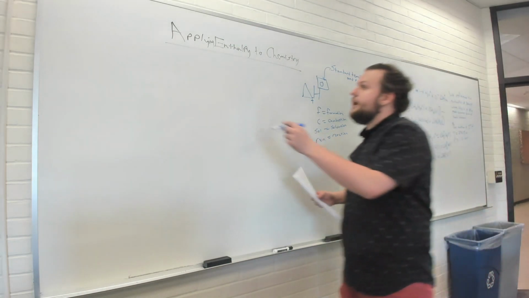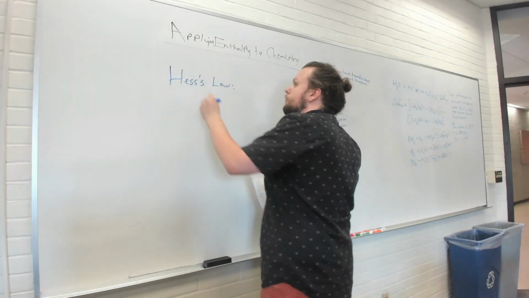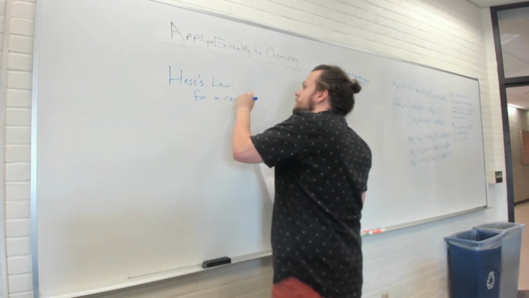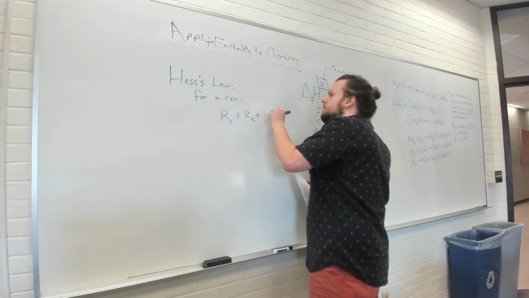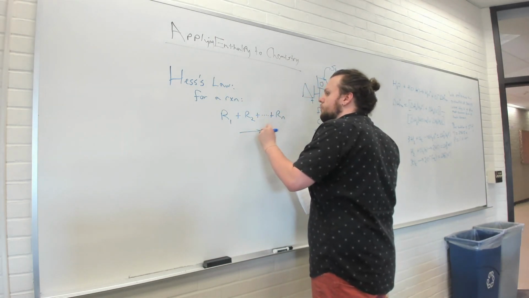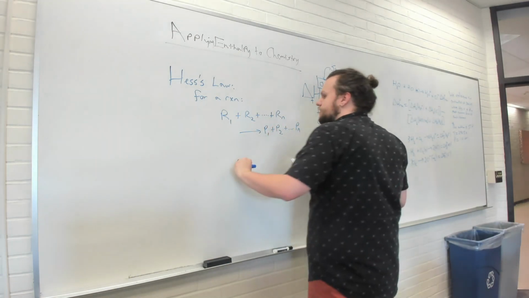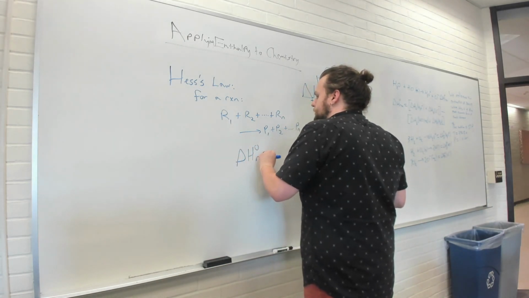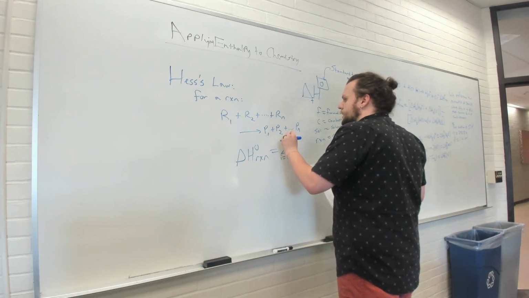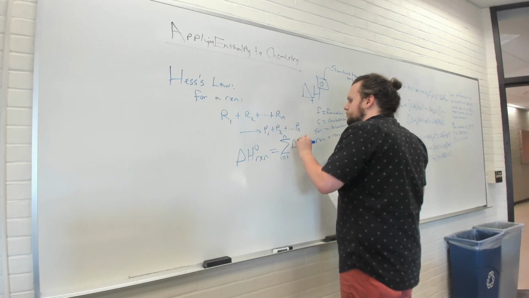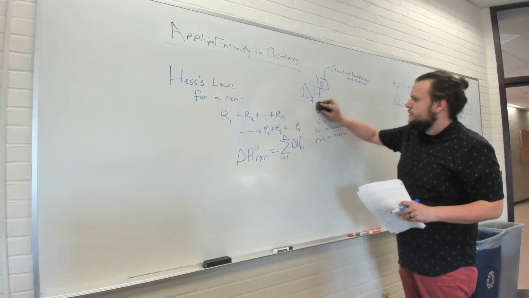So just as a reminder, Hess's law says for a reaction where you have reactant 1 plus reactant 2 all the way to reactant N goes to product 1 plus product 2 all the way to product N, that the enthalpy of the reaction is the sum from I equals 1 to N of the enthalpies of formation of the ith product.